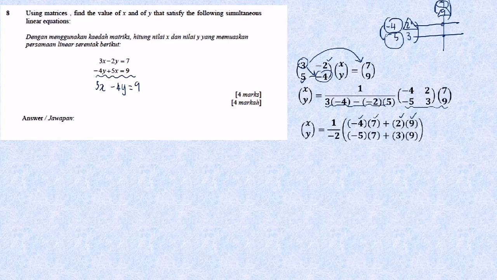By using calculator, you will obtain 1 over negative 2 times negative 10, negative 8. Okay, so now each number you multiply with negative 1 over 2. Then you will obtain x equals 5, y equals 4.